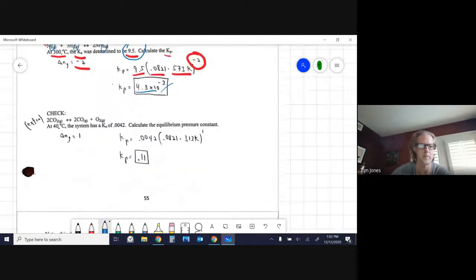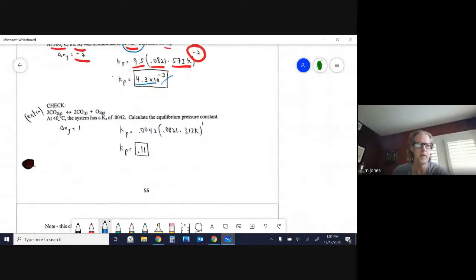All right, next example. Similar situation. You're given temperature, you're given a Kc. We're solving for Kp, so you plug in the Kc, R, T in Kelvin. In this case, delta Ng equals 1. And in this case, you get an answer of 0.11.